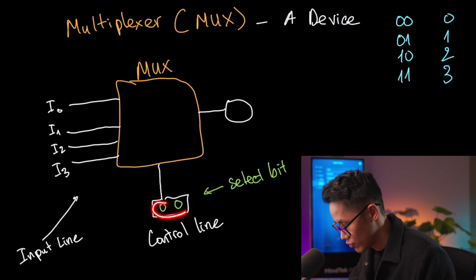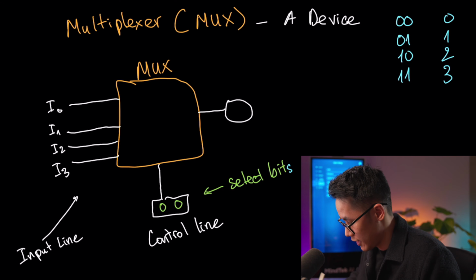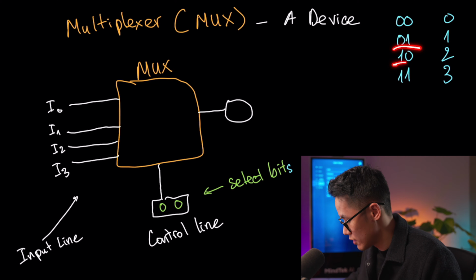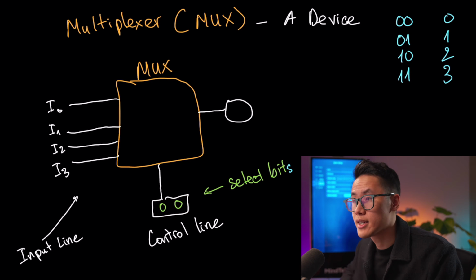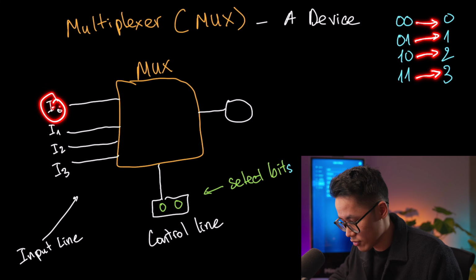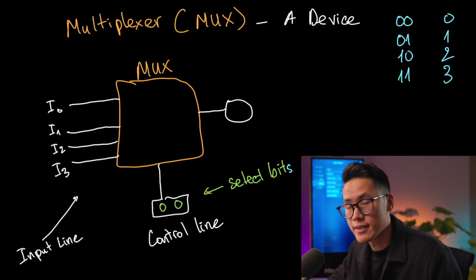So I have 2 select bits, and you can change this to 0, 0, or 0, 1, 1, 0, 1, 1. So with 2 bits, you can change it. And the value corresponds to the input line that you are selecting.